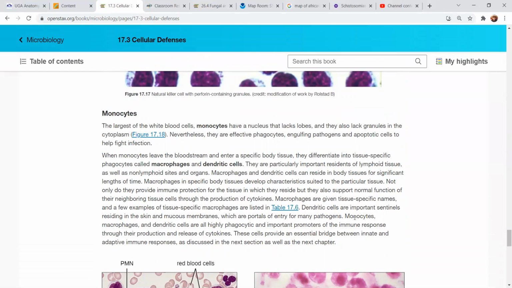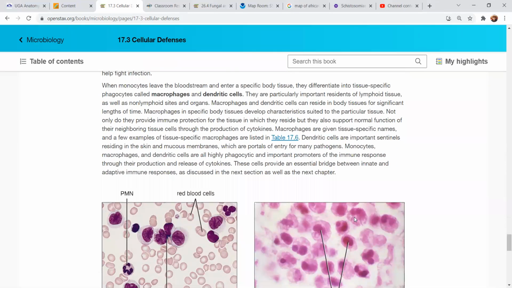Monocytes are the largest of the white blood cells, and they are phagocytes. Monocytes will leave the bloodstream and they will go into tissues and differentiate into macrophages and dendritic cells. Macrophage means big eater. So macrophages are phagocytes.